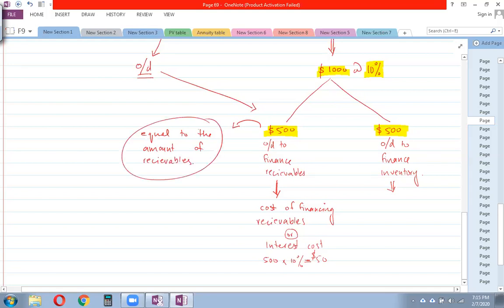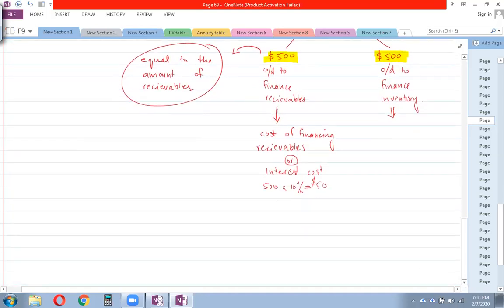So when we say cost of financing receivables, you actually multiply receivables by the overdraft interest rate.